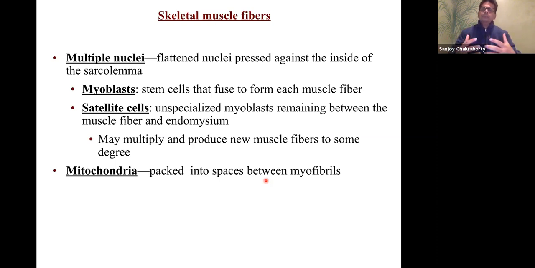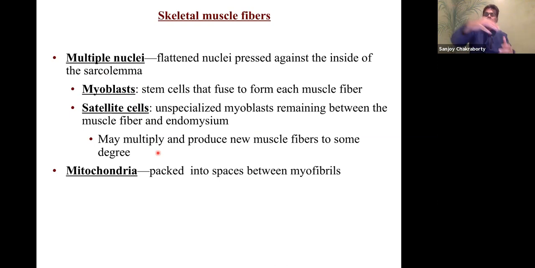Say 48 of them fused together, I intentionally chose that number. Now they create a giant cell which has 48 nuclei. That's a skeletal muscle cell.